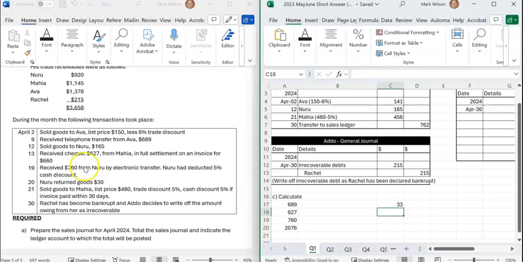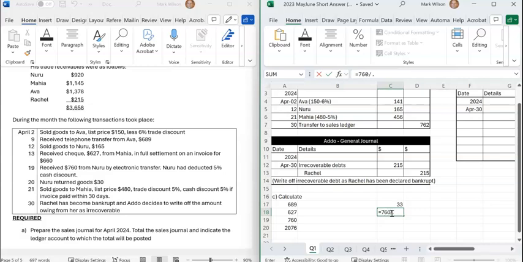And I saw a cash discount here as well. Received 760. Now we had deducted a 5% cash discount. So a little bit tricky here to do the calculation. I can work it out in my head because I know what that figure is going to be. But how I'm going to type it is equals 760 was 95%.